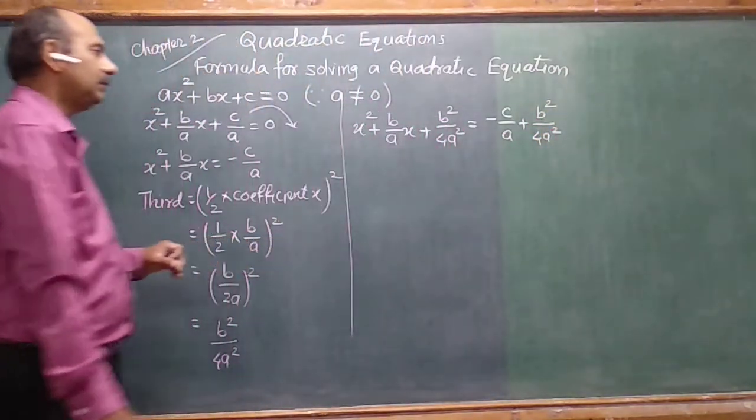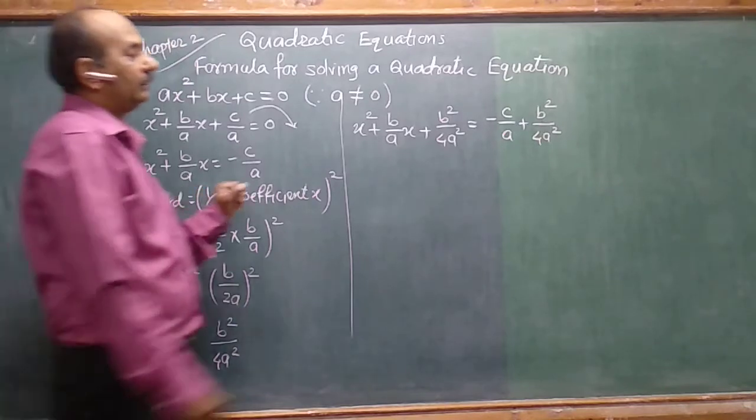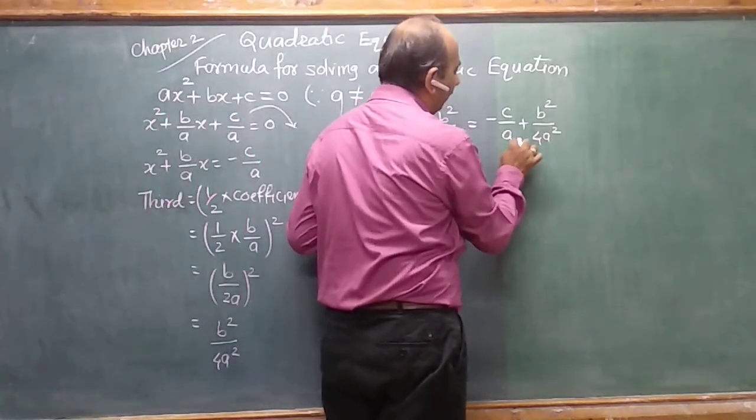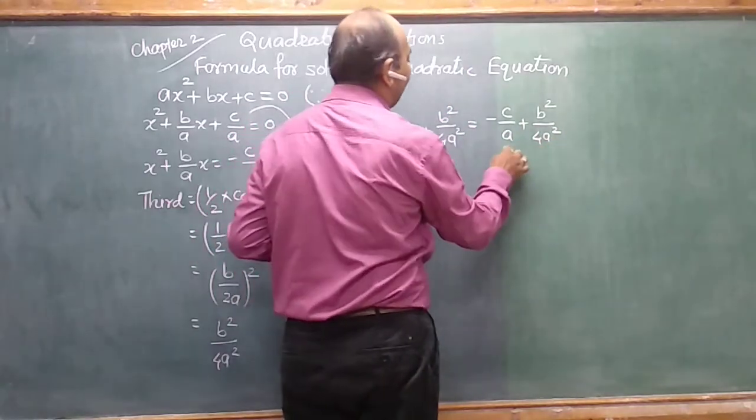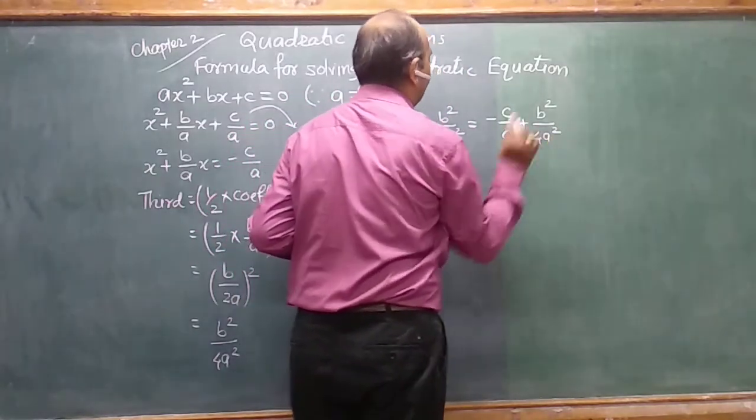Now here the denominators are a and 4a square. So if you find the LCM, you will get 4a square.